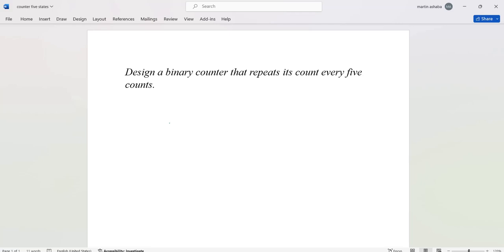Now let's look at this statement: designing a counter that repeats its count every 5 counts. We are going to take a basic counter that starts from 0 and then increments the count by 1.